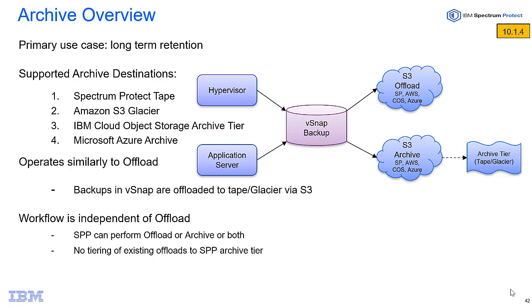So you can do one or both. Now, just to make sure we understand what this functionality is, today in version 10.1.4 we do not support tiering of the vSnap data. So basically what this is going to be is making a copy of vSnap for long-term retention purposes to an S3 destination.